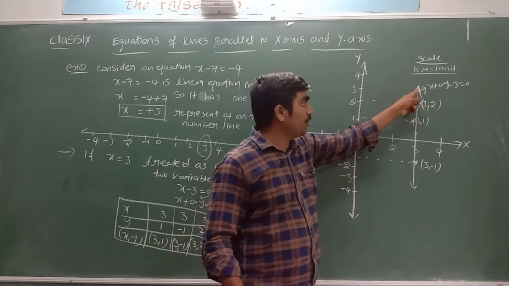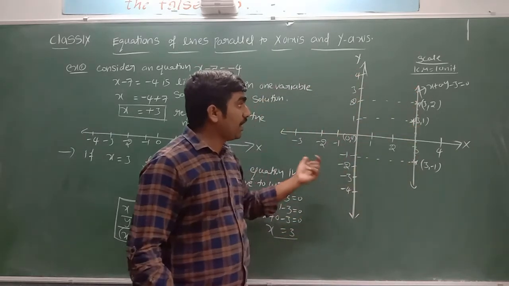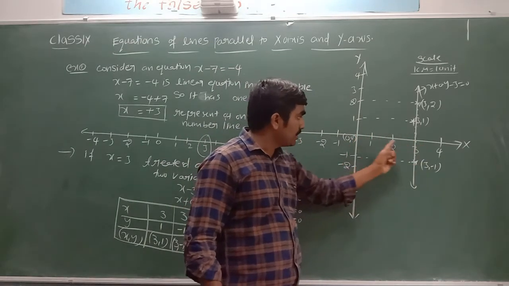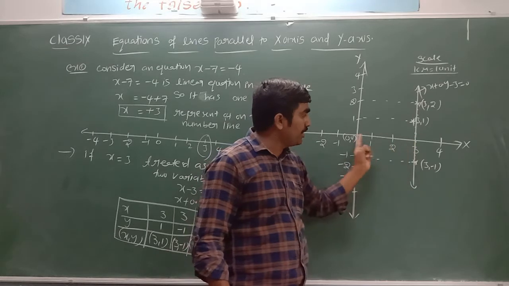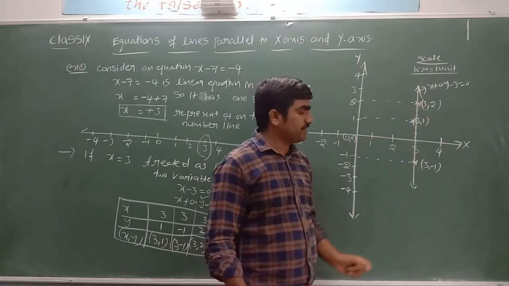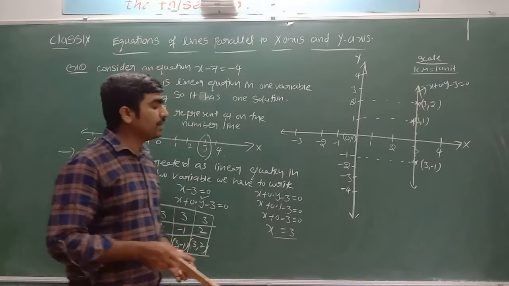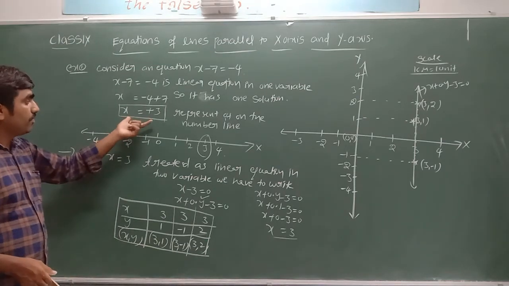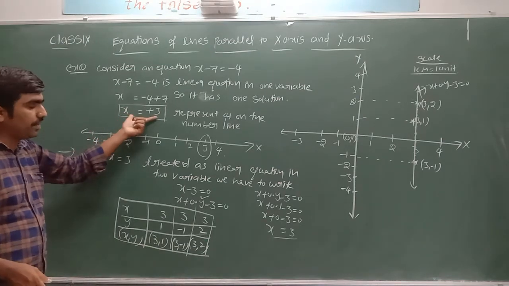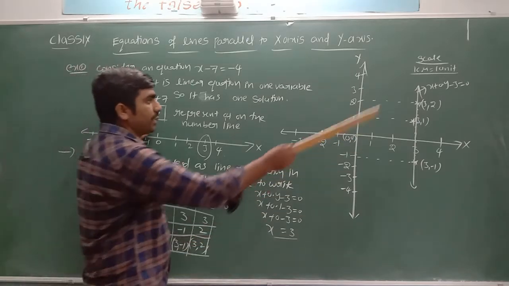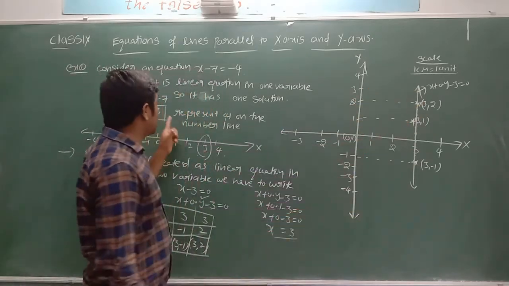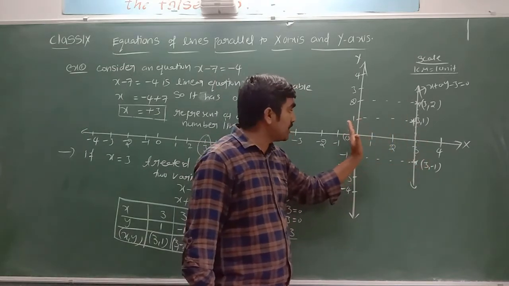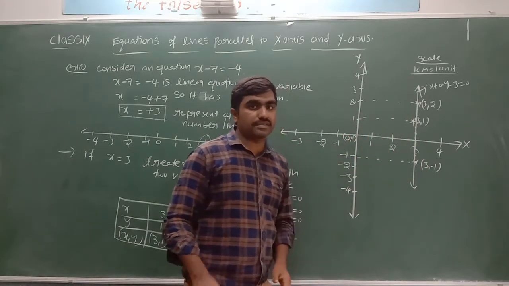Also, how many units away from the y axis is it? It is 3 units away from the y axis. So when the equation is x equal to 3, the line is parallel to the y axis, and also it is 3 units distance away from the y axis.